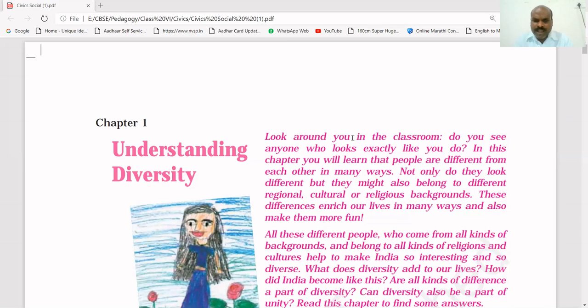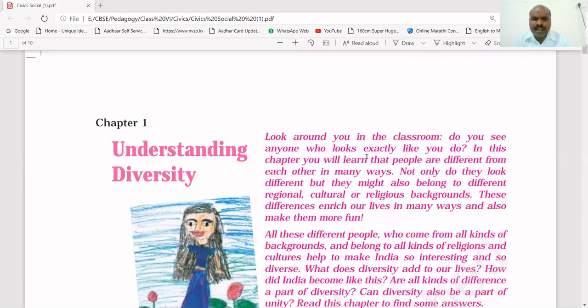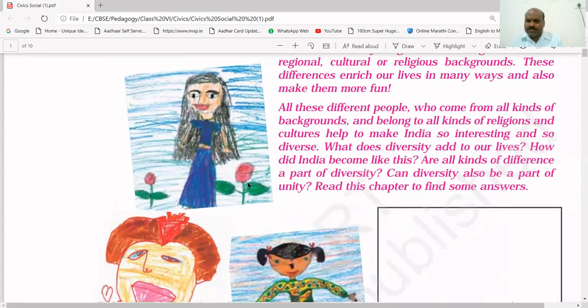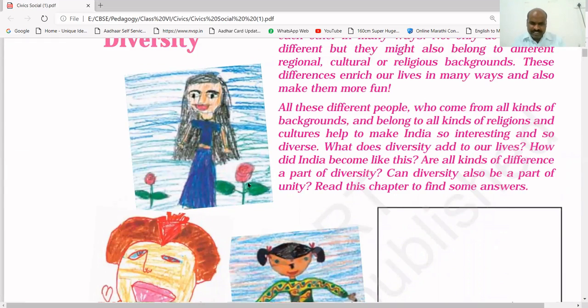People are from different backgrounds. As I said just now, culture, religion, caste, language, the food we eat, the dress we wear, everything. So interesting. To understand India, it is so interesting, also very exciting.